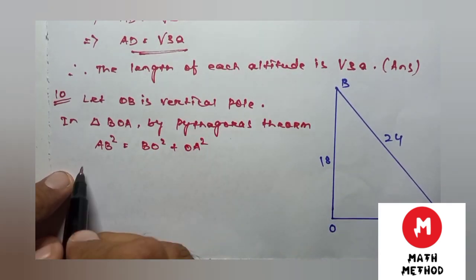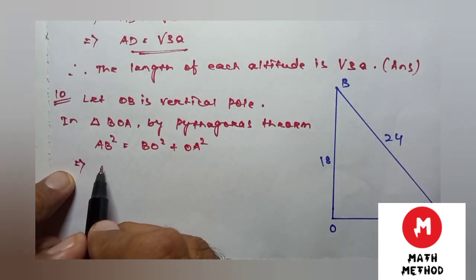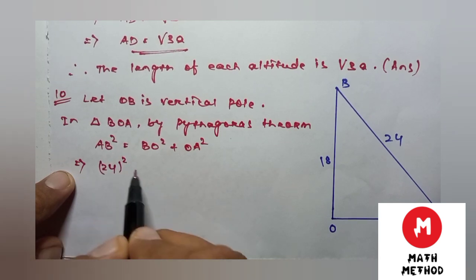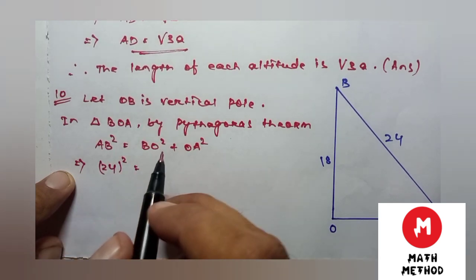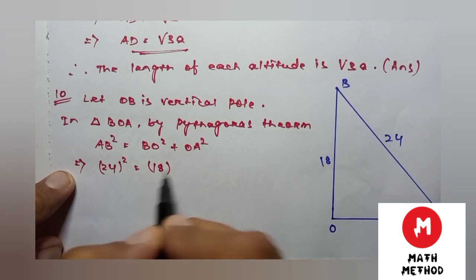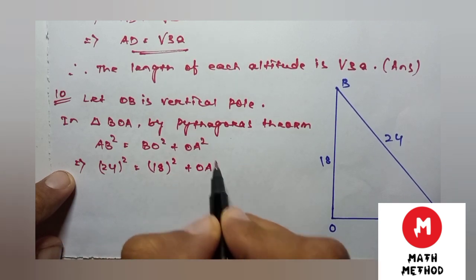Clear? So here this is our given 24 whole square is equal to BO is our 18 given square plus OA square.